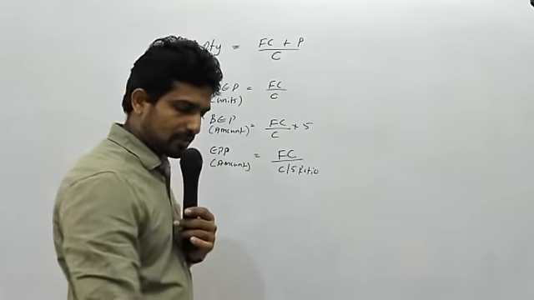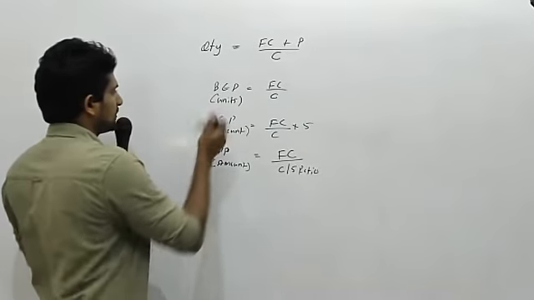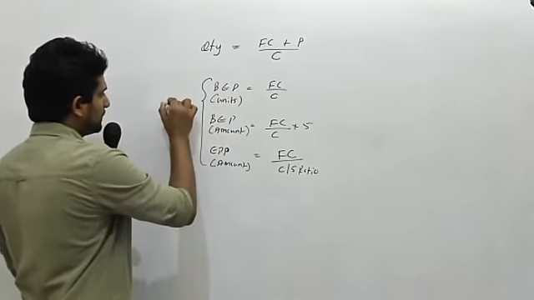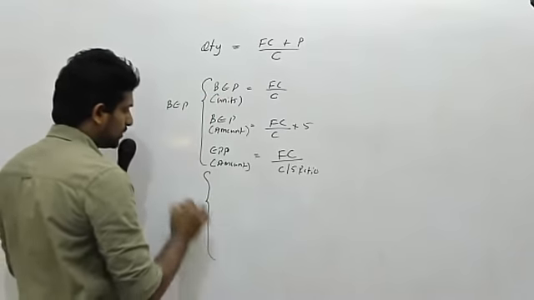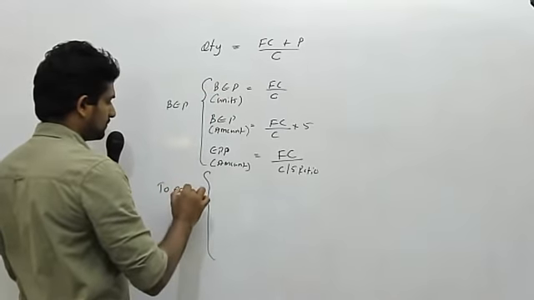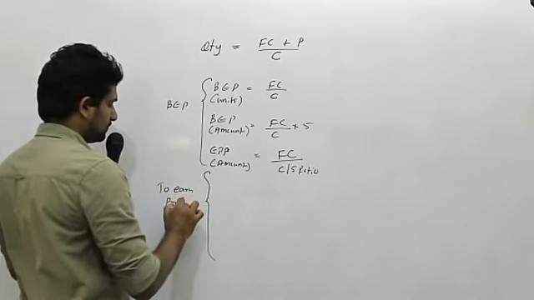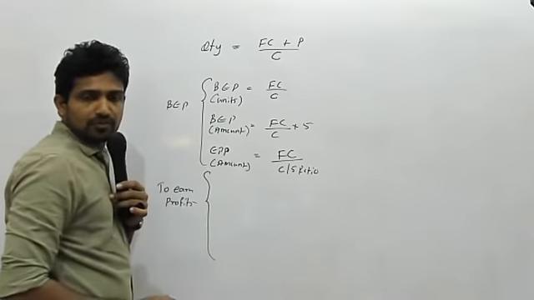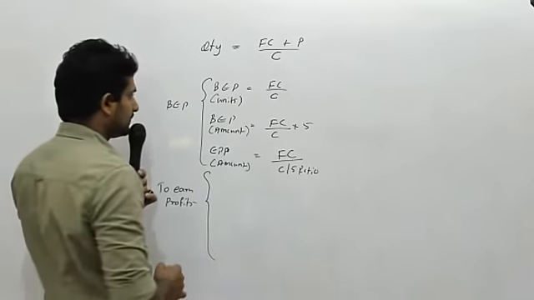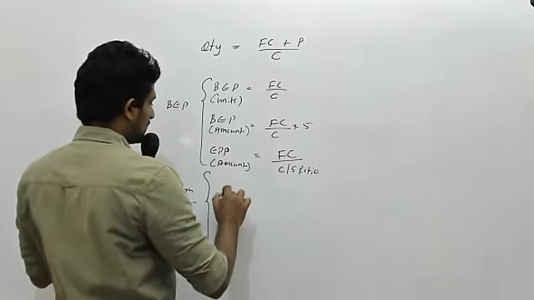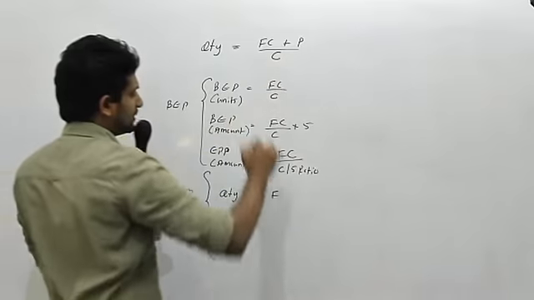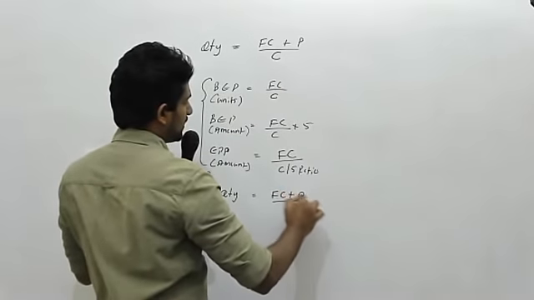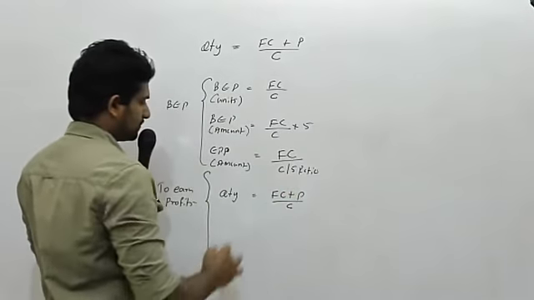Then to earn a profit, if you want to earn a profit, the quantity to earn profit, this formula as it is, fixed cost plus profit divided by contribution per unit.